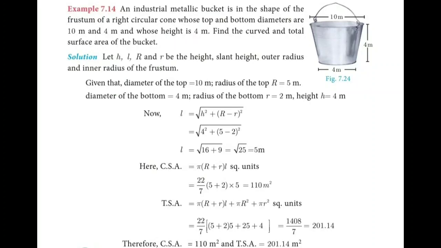Then CSA of the bucket is equal to pi into capital R plus small r into L. So we need the slant height. So first we find the slant height.